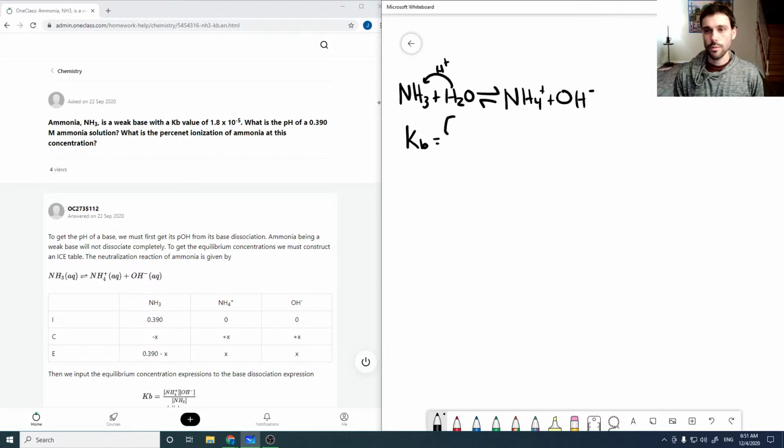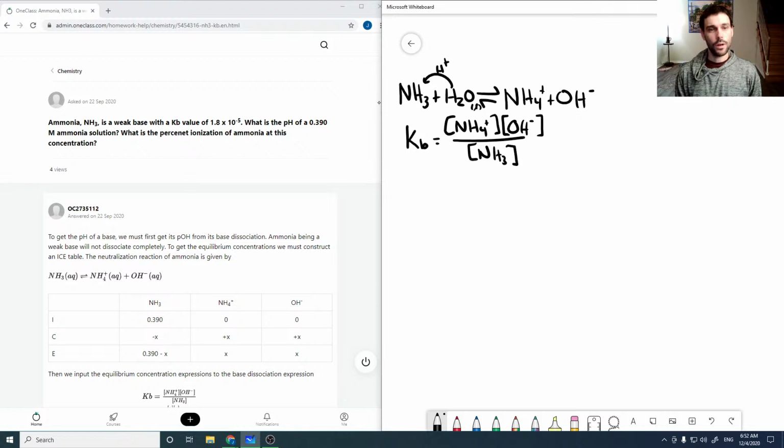All right, so our Kb value is going to be equal to our NH4 plus OH minus over our NH3 concentration. Again, water doesn't get included in our equilibrium expression. It's a pure substance.